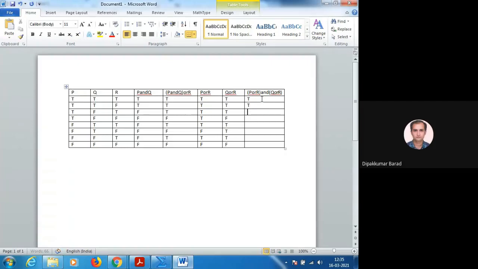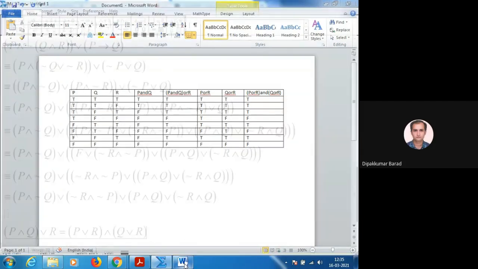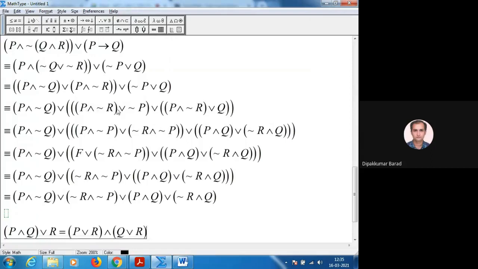True, true, true, false, true, false, true, false. Now see, we have to compare this one. Okay. So we can see that both are equivalent. So I think we can write this. So this is a distributive property.